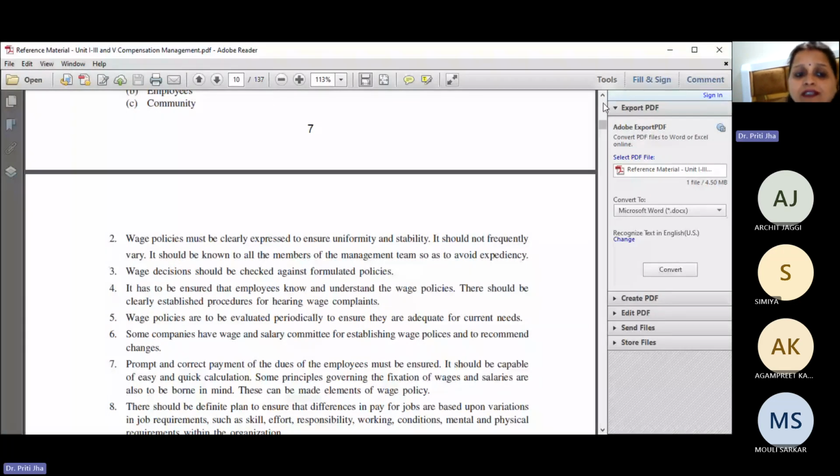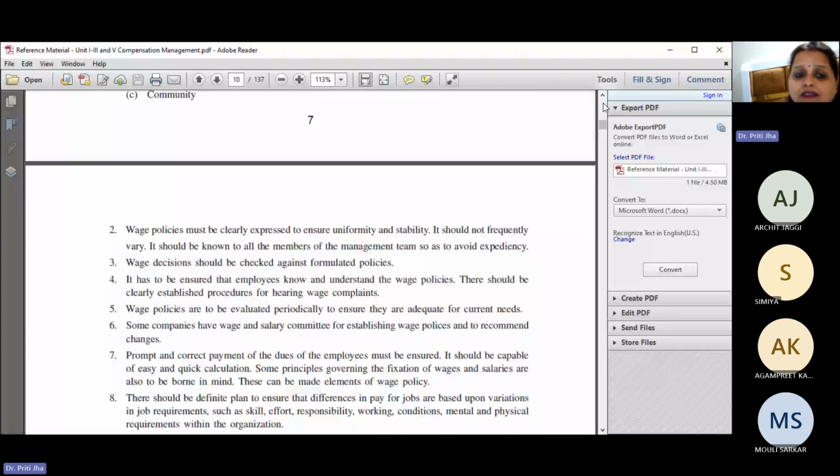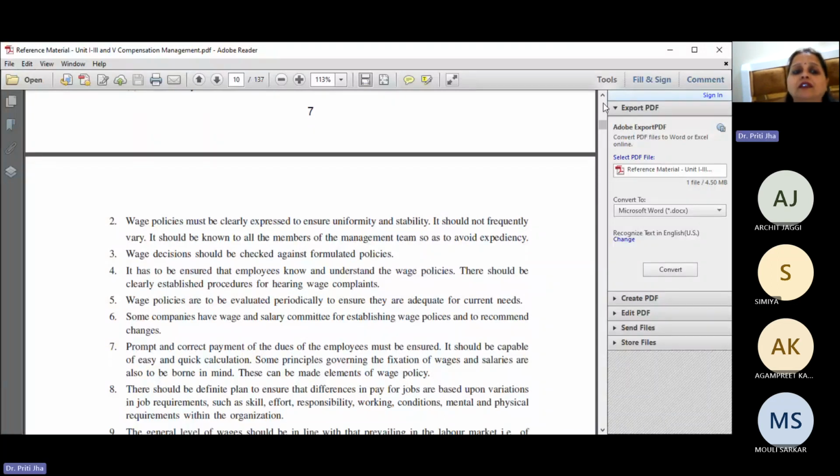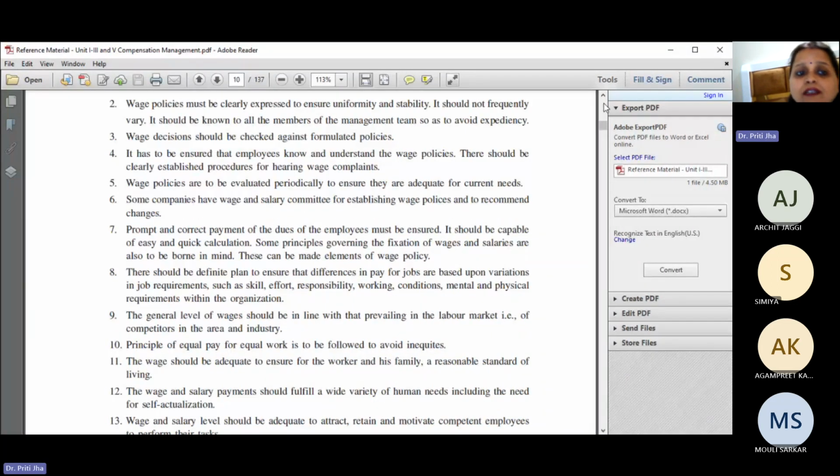Next principle is wage decisions should be checked against formulated policies. Next one is it has to be ensured that employees know and understand the wage policies. There should be clearly established procedures for hearing wage complaints.